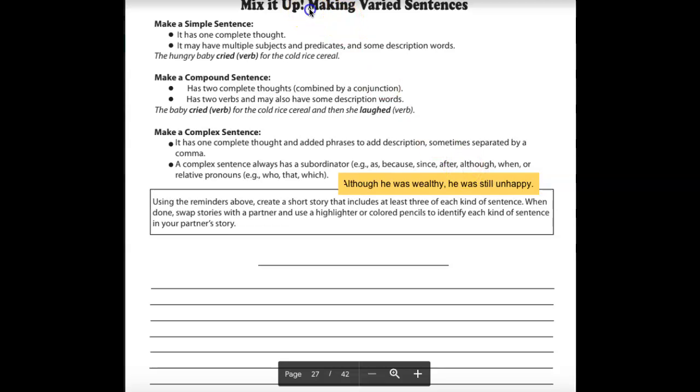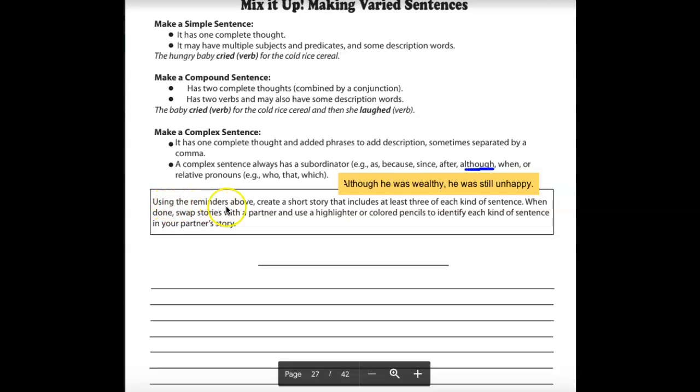So for instance, although. They always have one of these, when or because or since. So for instance, because my coffee was too cold, I heated it in the microwave. Okay, or she returned the computer after she noticed it was damaged. Okay, so that's an example of a complex sentence.